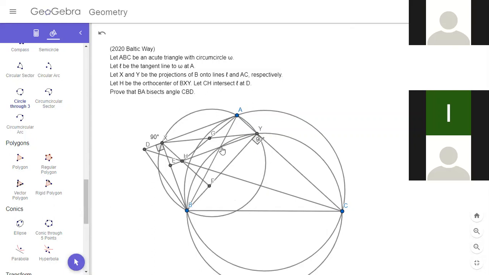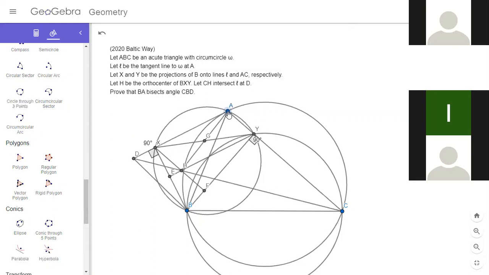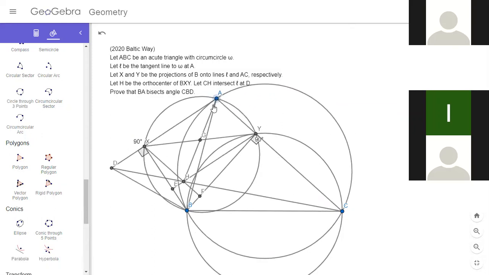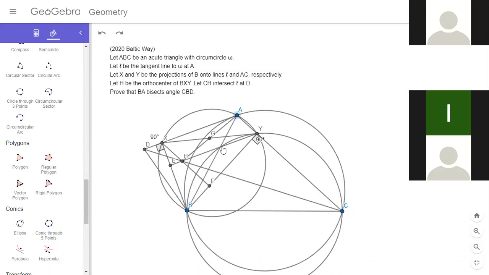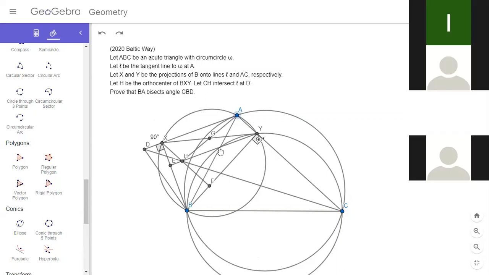Let's see. Oh, do these lines concur, like on the circle? I think they do. Yeah, maybe if we show that that's a concurrence, it solves the problem. But that might be just as hard as solving the original problem. And I don't even know if it does end up solving the problem.